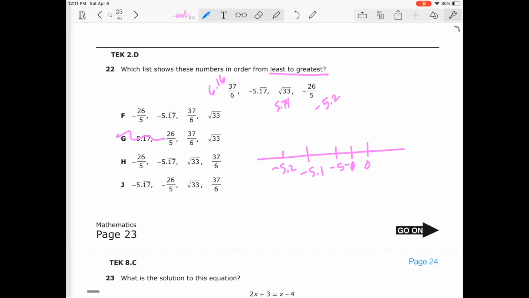So we can eliminate G and we can eliminate J. The next number is the negative 5.1, which is this one here. So both of those answer choices have that one. So then now we need to look at the square root of 33 versus 37 over 6. Square root of 33 is smaller than 37 over 6. So our answer choice is H.